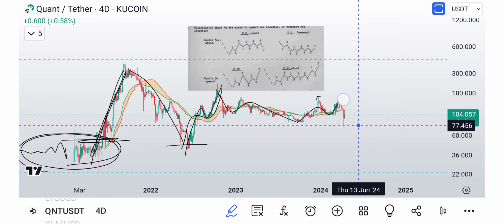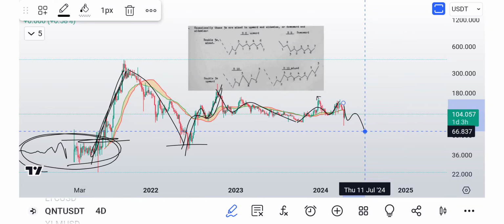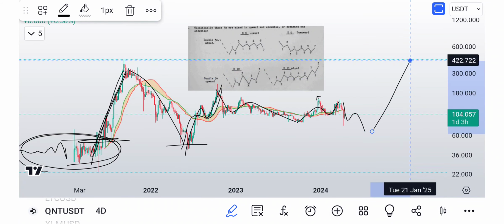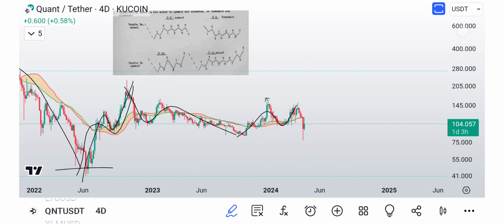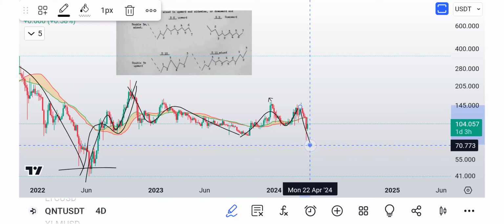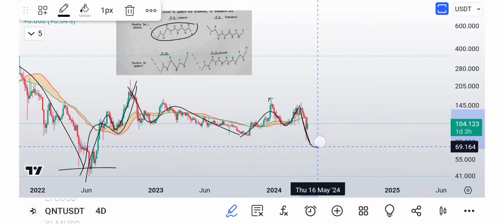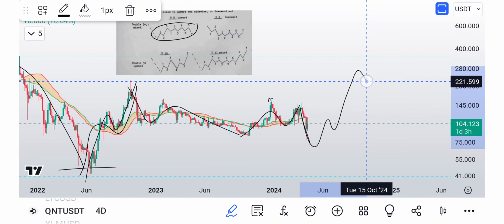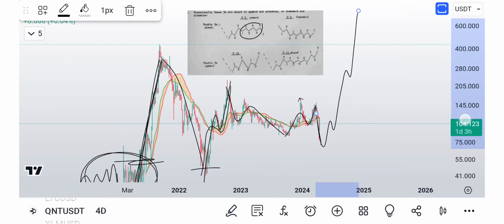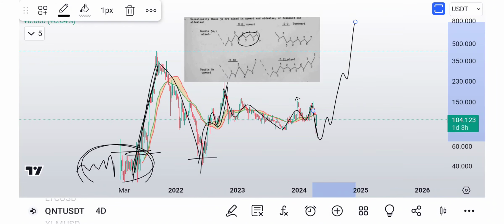Now this can turn into something like that, or this could be the final wave like we have right here in wave 7, before continuing the uptrend. And that's kind of how it is.